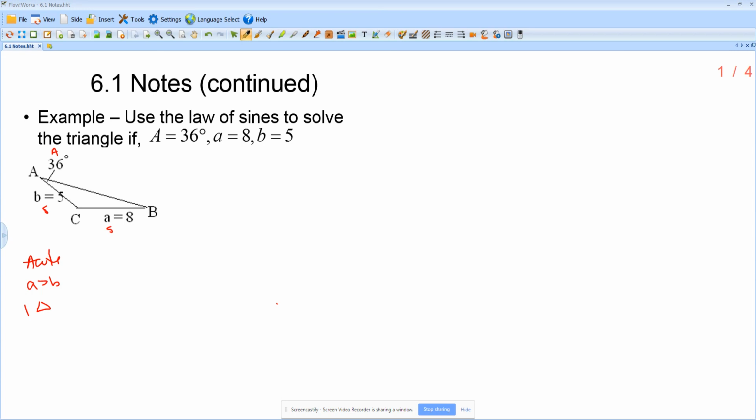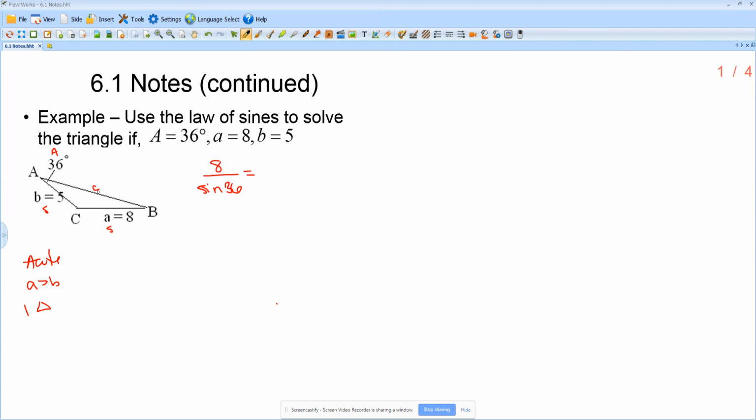And there's my evidence. So if I'm solving this, I'm just going to call this side c. First thing that I'm going to look at is the fact that this a is the part that I have corresponding. So I would say a over sine 36 is equal to... in this case, we have to solve for B first.